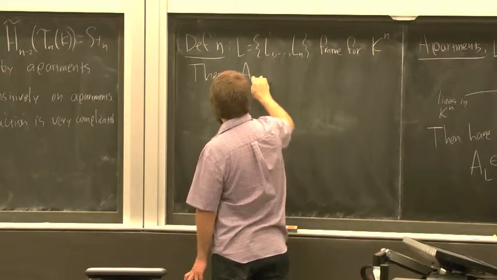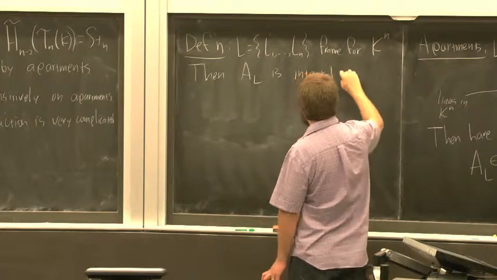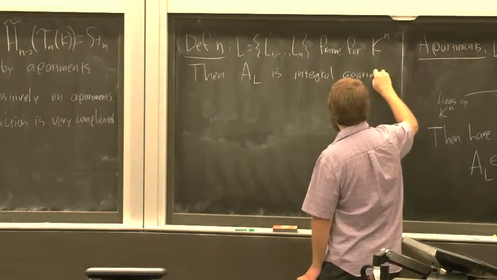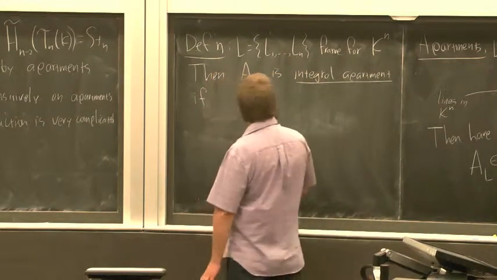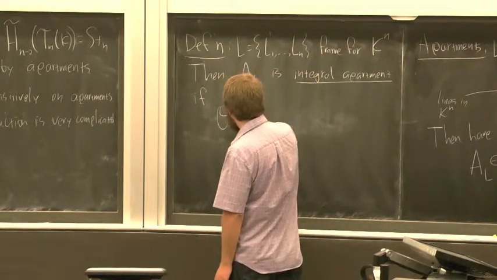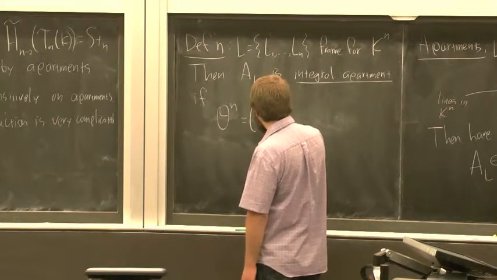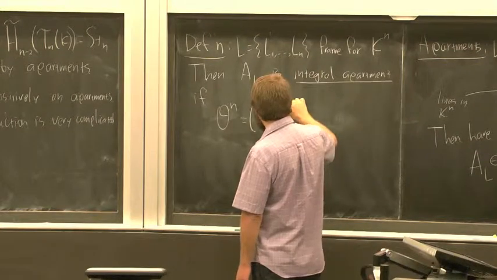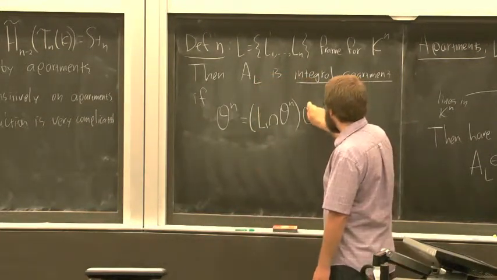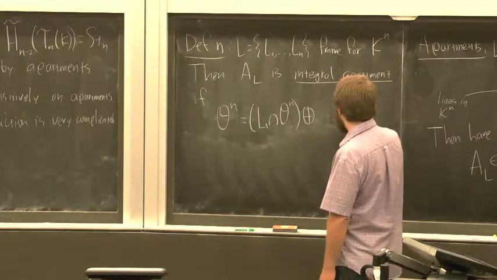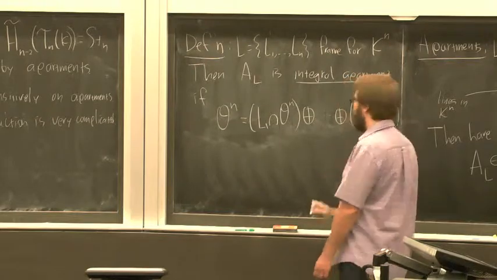Then A_L is an integral apartment if we take O^n, and we want that to be the direct sum decomposition of L1 intersect O^n, which is some O-module, some subspace of O^n, up through Ln intersect O^n.